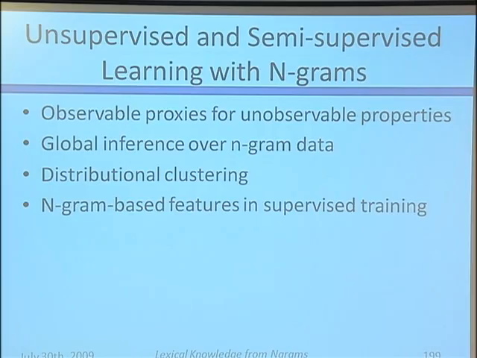One is to use observable proxies to estimate the probability of unobservable properties, like gender, animacy, countability, and so on. They're not necessarily observable from the straight text, but we can find clues using pronouns or relative pronouns and so on to estimate those properties.